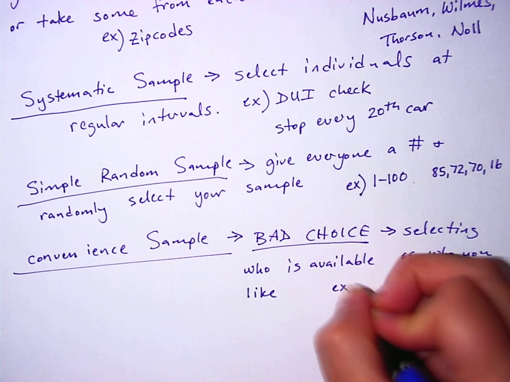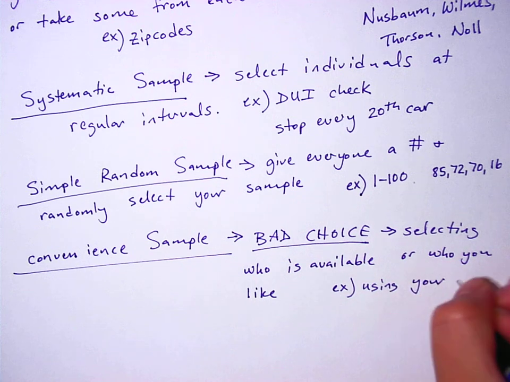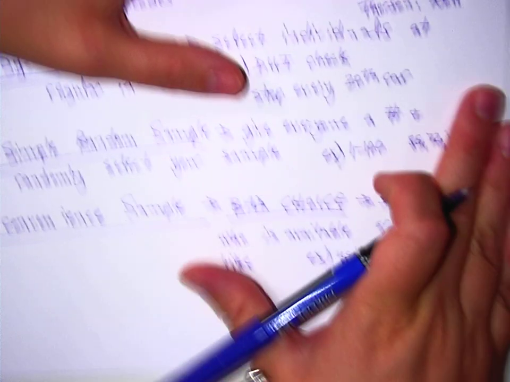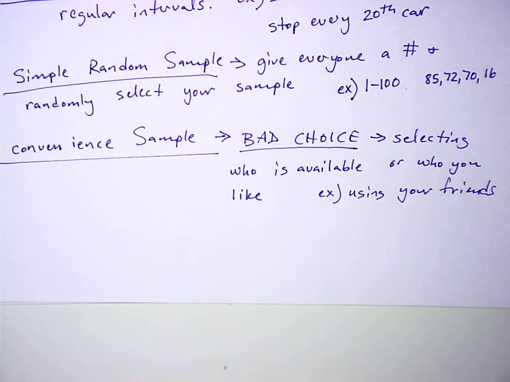An example would be like using your friends for a study. And the problem with that is simply that if you only use your friends for a study, then you're really only getting opinions that are probably pretty similar to yours. And that is not what you want.